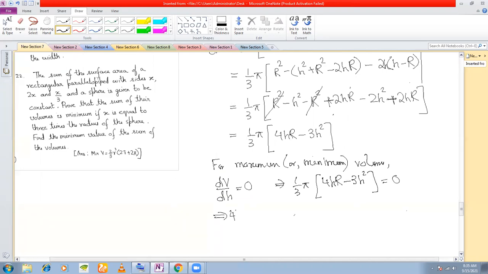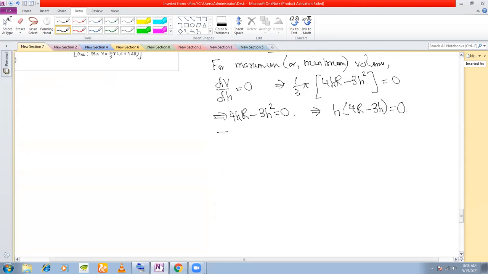That means 4hr minus 3h square is equal to 0. Now you can take h common to get 4r minus 3h is equal to 0. That means 4r is equal to 3h. How much are you getting the value of h? h is equal to 4r by 3. Right? So at this value, the volume of the cone is either maximum or minimum.